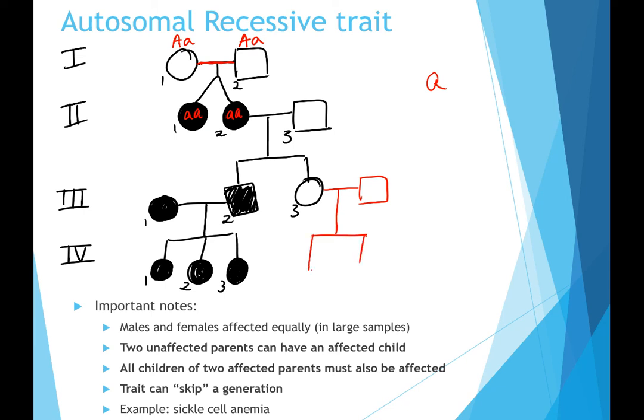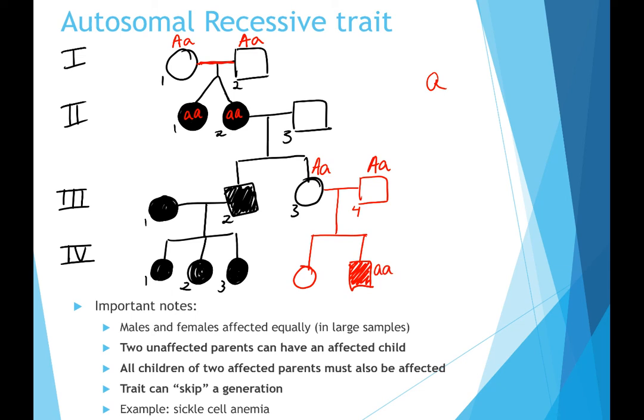One child was a female, one child was a male, but their boy that they had was actually affected. How this happens is, let's say that this female was also heterozygous, this male was also heterozygous, and let's say that they then gave their two recessive alleles to their son. That's how this happened.